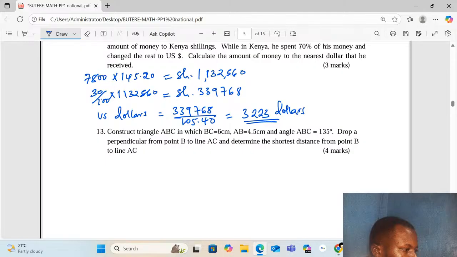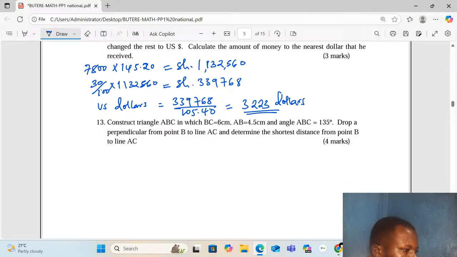Now question number 13 is to construct triangle ABC, with BC 6 centimeters, AB 4.5 centimeters, and angle ABC 135 degrees. Draw a perpendicular from point B to line AC and determine the shortest distance from point B to line AC.